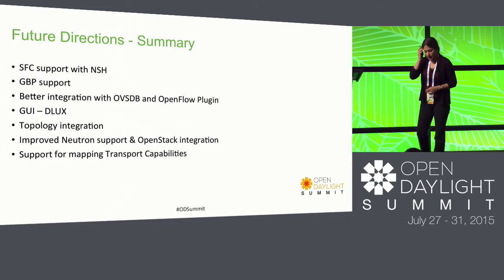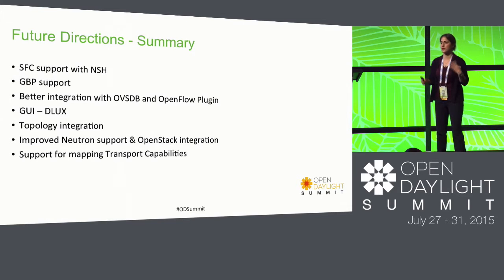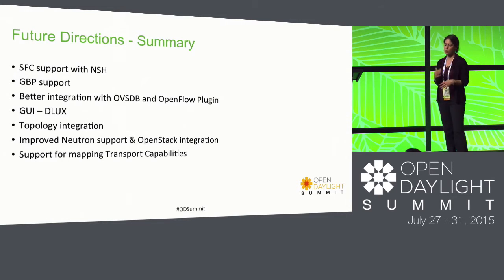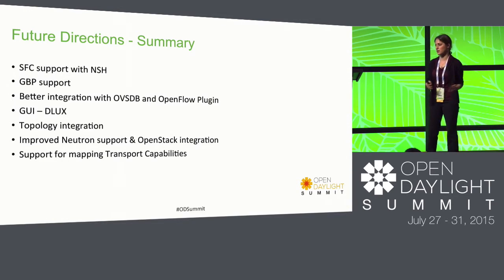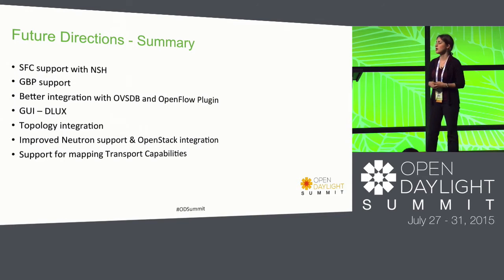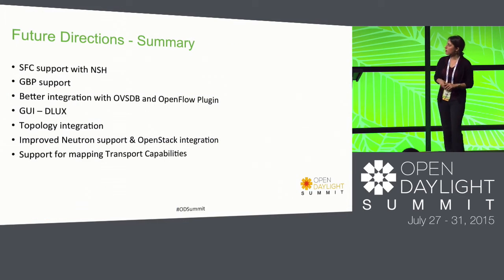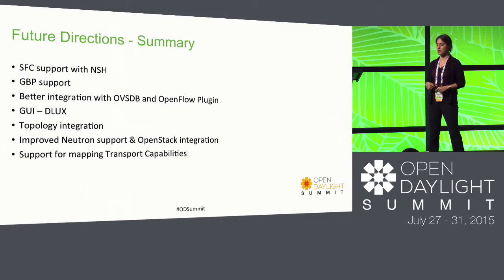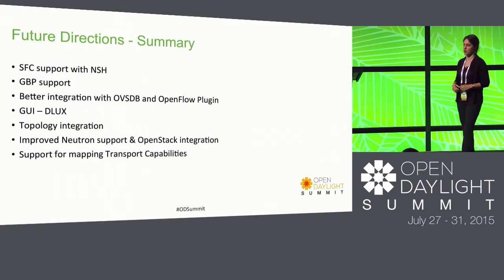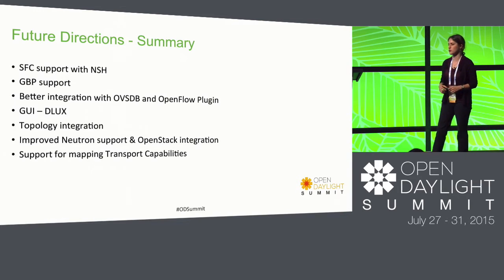Another thing that we're looking at is storing transport capabilities in the mapping system. As you noticed, we don't talk about the encapsulation and what that is, because that really can be anything. It can be GRE, VXLAN, VXLAN-GPE, and so on. So one thing that we're looking at is to store the encap capability, or the transport capabilities, of nodes as well.